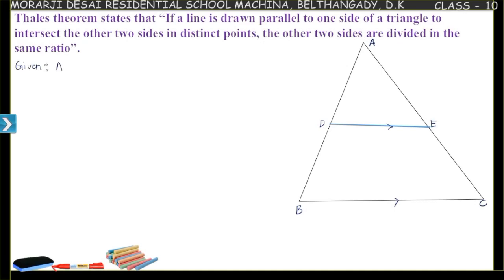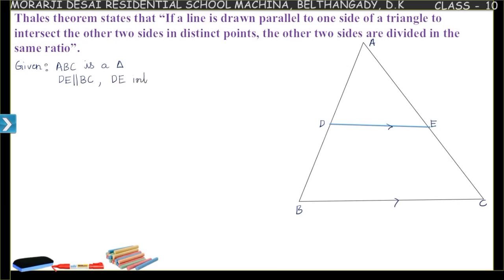Given ABC is a triangle, then DE is parallel to BC. A line drawn parallel to one side of a triangle, that is DE is parallel to BC, to intersect the other two sides in distinct points.